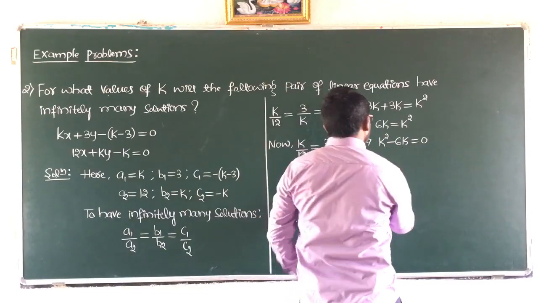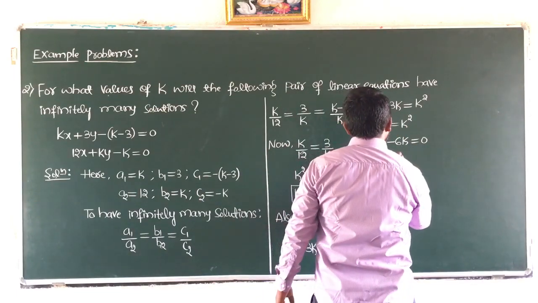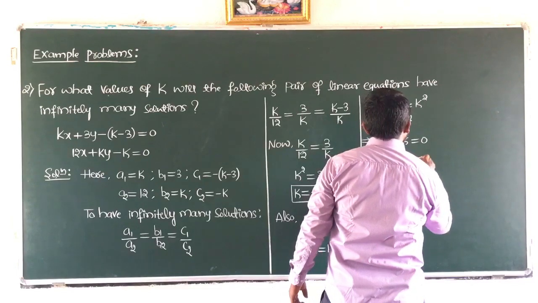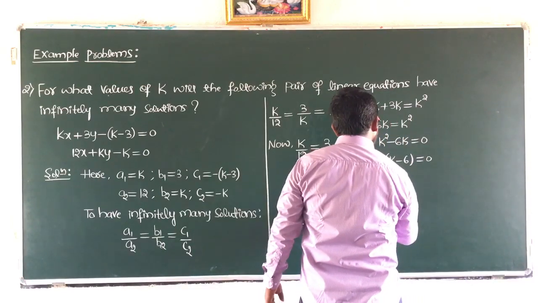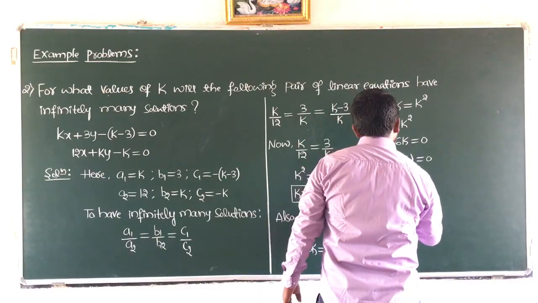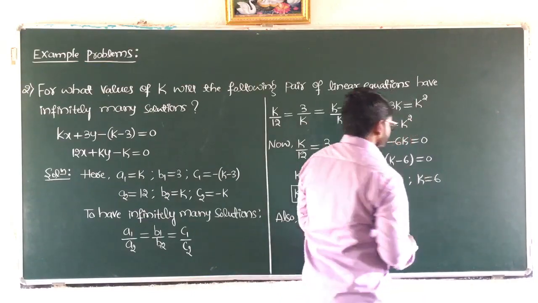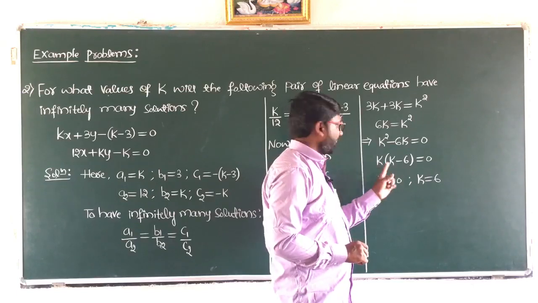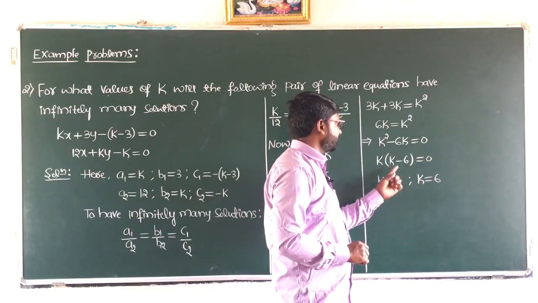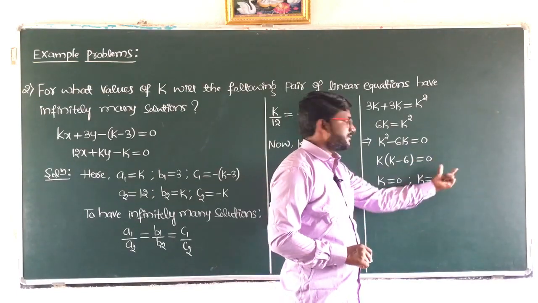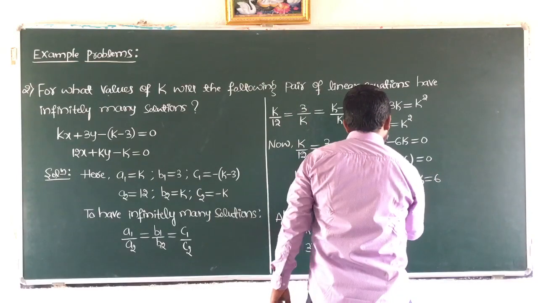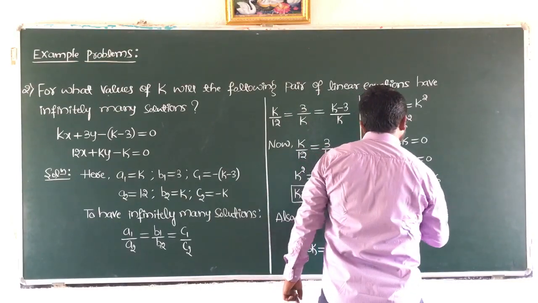So I take k common here. Inside the bracket we are left with k minus 6 equal to 0. So here k equal to 0 and k is equal to 6. So we have to equate these two with 0. If we equate k with 0, we get k equal to 0. Then k minus 6 equal to 0 means k equal to plus 6. So these are the values of k now.